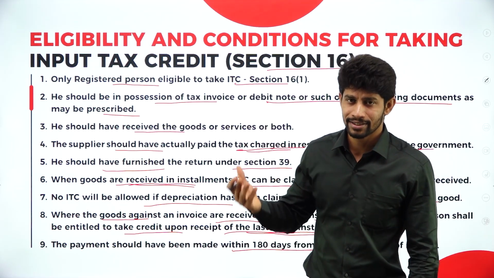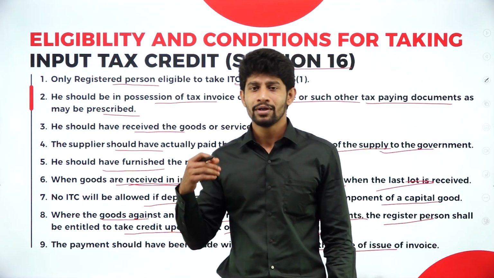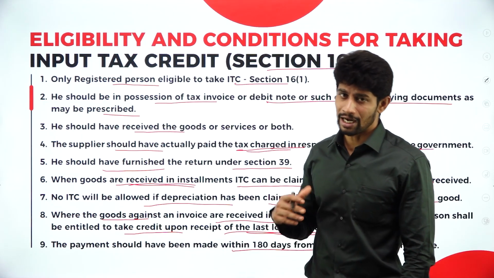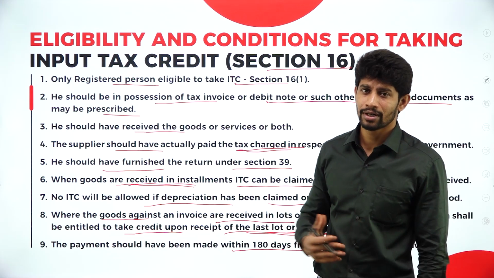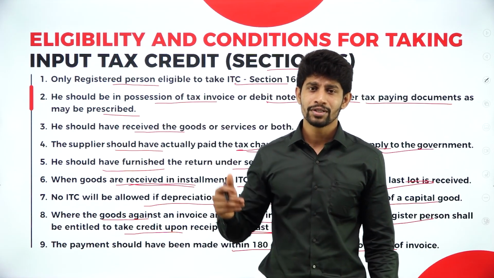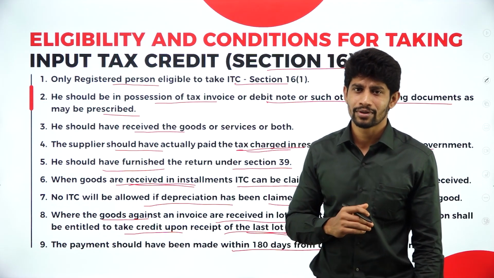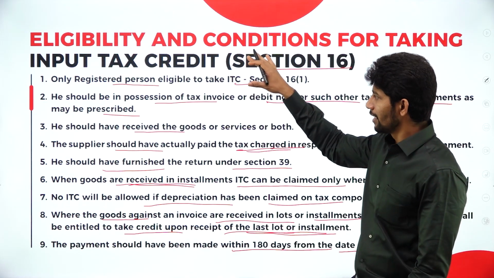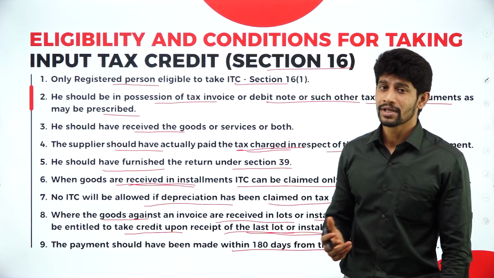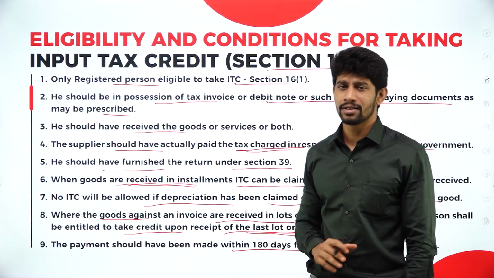If you delay the payment to the supplier and pay after 180 days, then you are not eligible to claim ITC. So you are supposed to clear your bills to the supplier within 180 days, then only are you eligible to claim ITC. So these are all the eligibility criteria and conditions to claim ITC as a registered dealer under the GST purview.